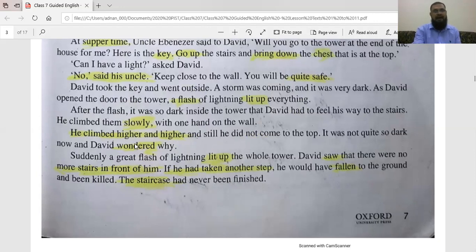He climbed higher and higher, and still he did not come to the top. It was not quite so dark now, and David wondered why. Suddenly, a great flash of lightning lit up the whole tower. David saw that there was no more stair in front of him. If he had taken another step, he would have been killed. The staircase had never been finished.